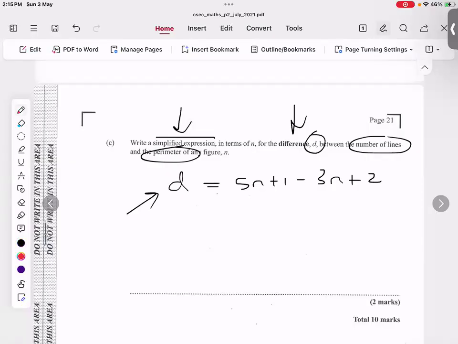Brackets. The bracket. Remember me telling us that when I subtract two algebraic expressions from each other, the second one has to be in a bracket, because this minus sign is going to affect it.